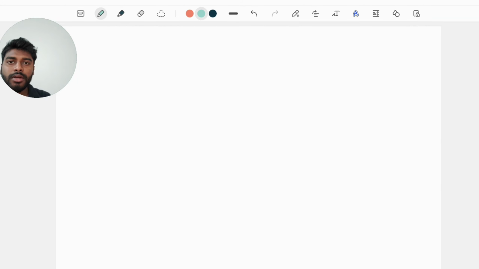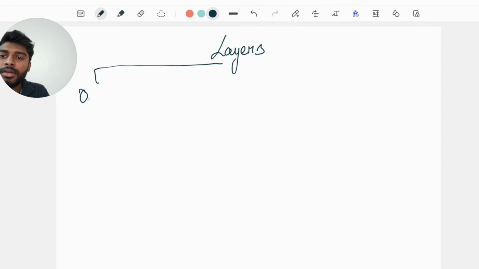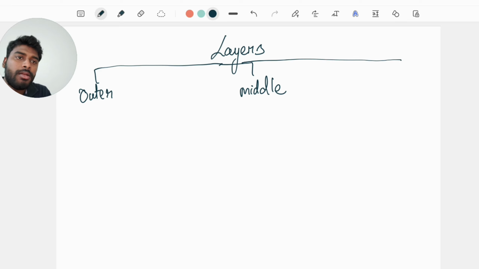Let us study that in brief. Layers: outer, middle, and inner layer.